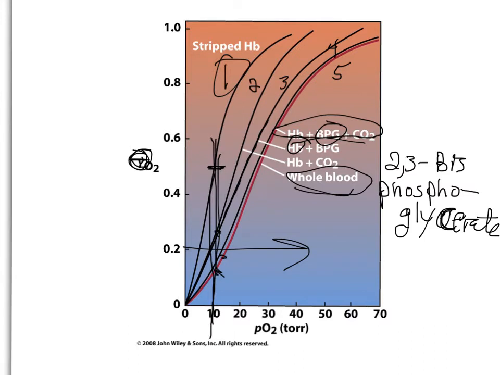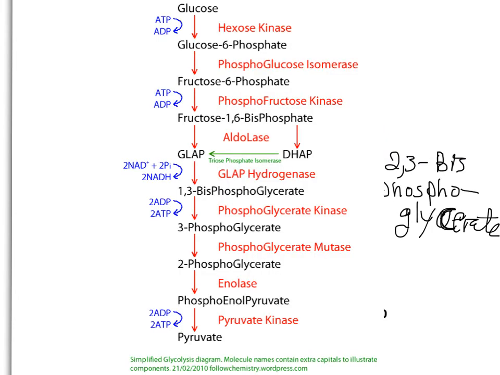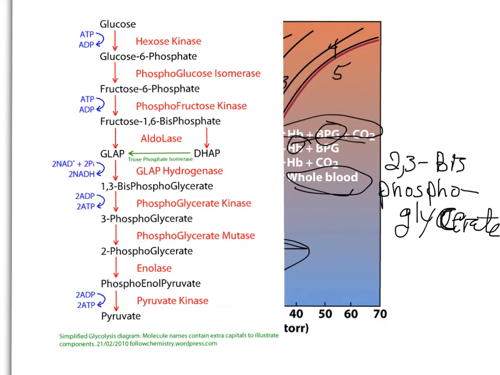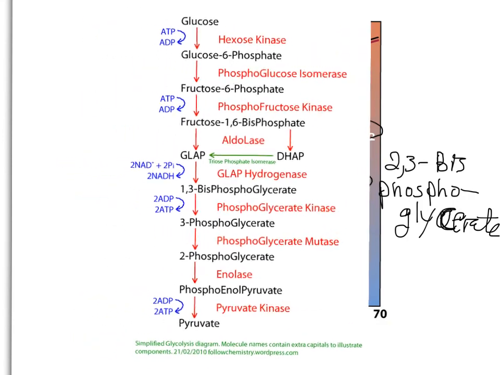So first, let's see what this 2,3-bisphosphoglycerate is about and where it comes into play. While you were ranking your binding curves, I went off into the internet and found a picture that showed the steps of glycolysis, which is the first part of the breakdown of glucose that gets us eventually to ATP, what we're after.